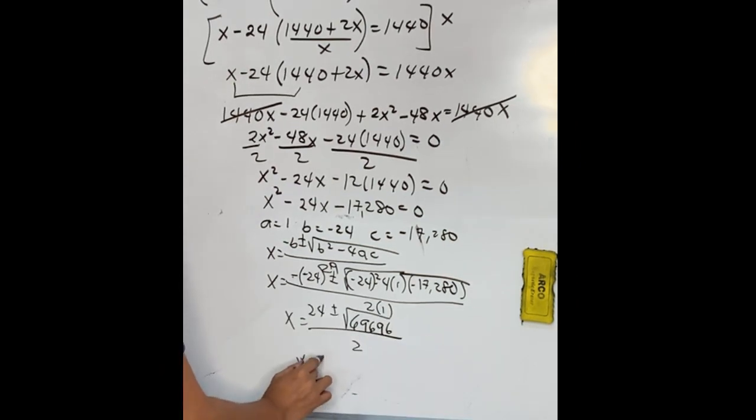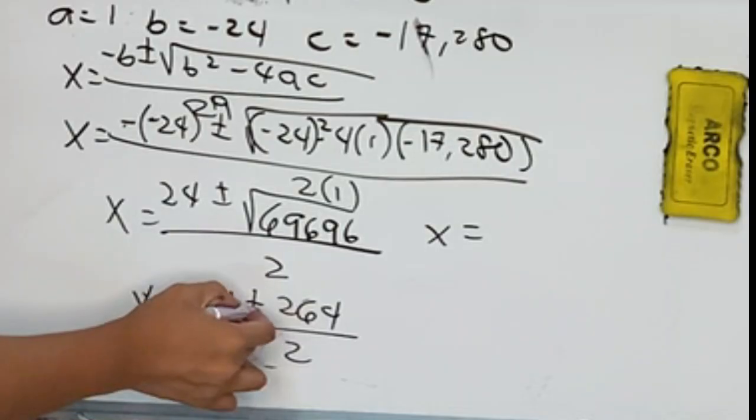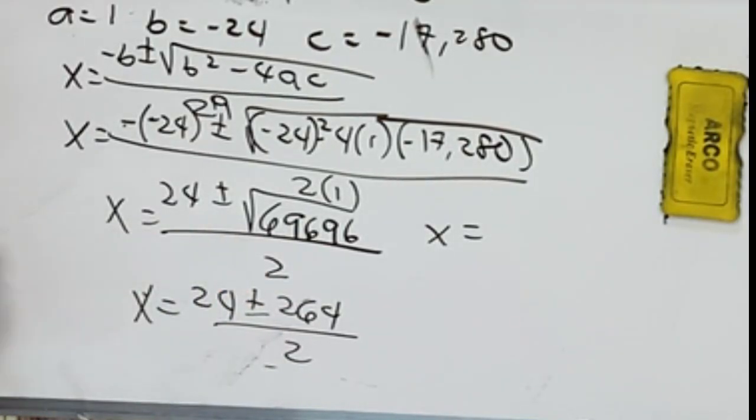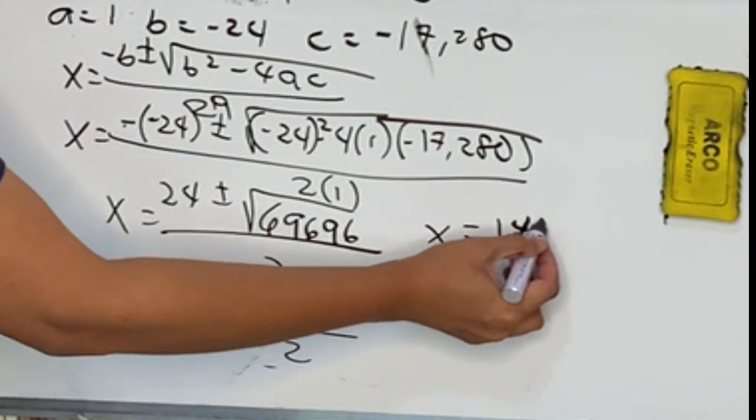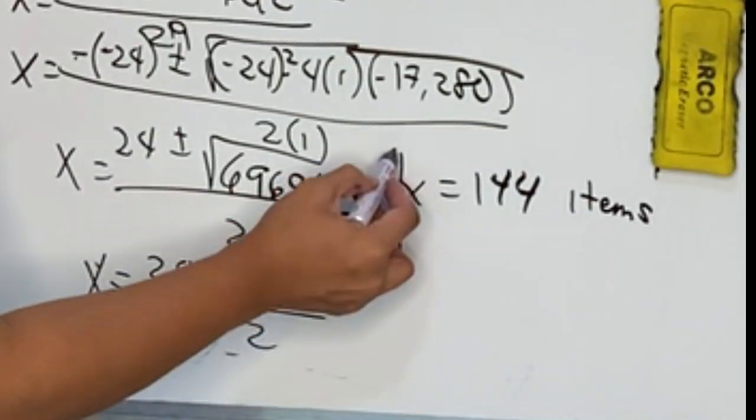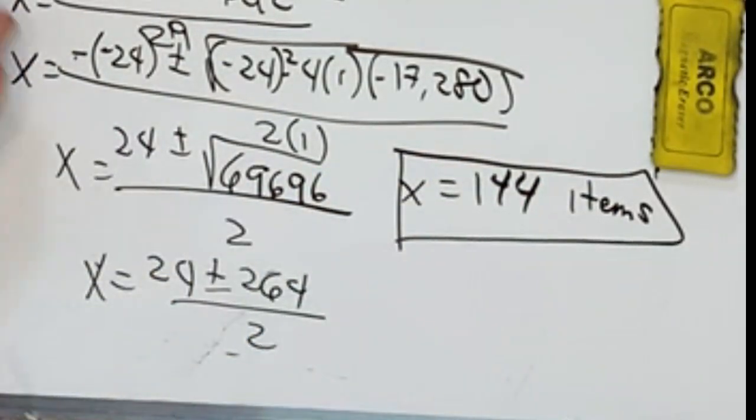Continuing, you have 24 plus or minus the square root of 69,696, which is 264, all over 2. We will be considering the one that is positive. So 24 plus 264 divided by 2, you will get 144. Our answer will be x is equal to 144 items.